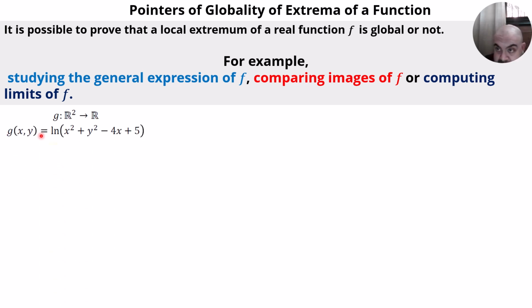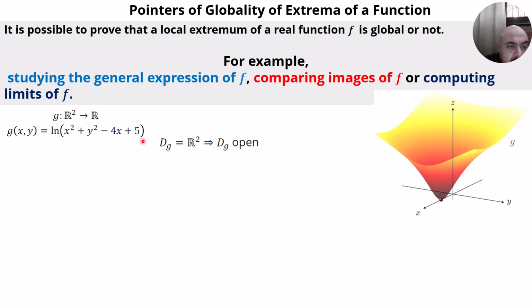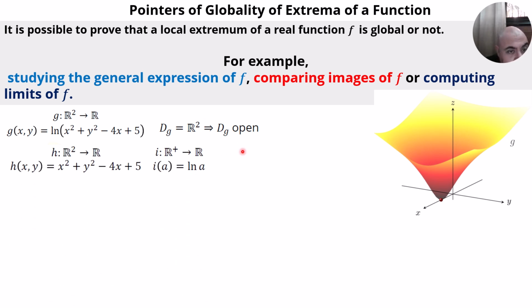المسألة دي ظريفة قوي. المسألة دي فيها ln of x square plus y square minus 4x plus 5, which is a combination between two things. First of all, the domain from R2 into the domain of G, and it is open. لاحظ أن the function inside, that's a composite function.